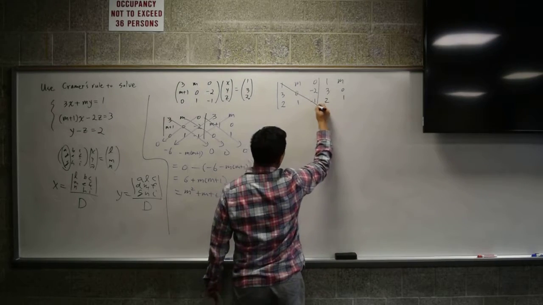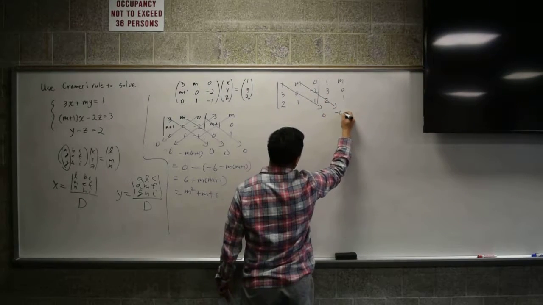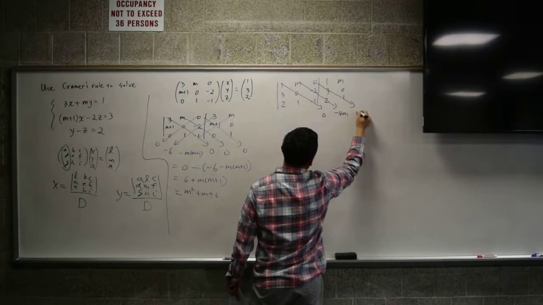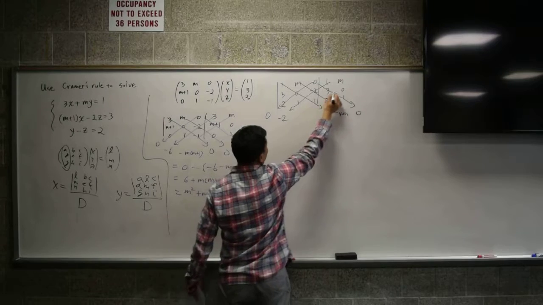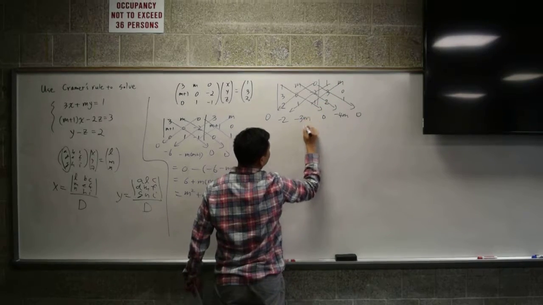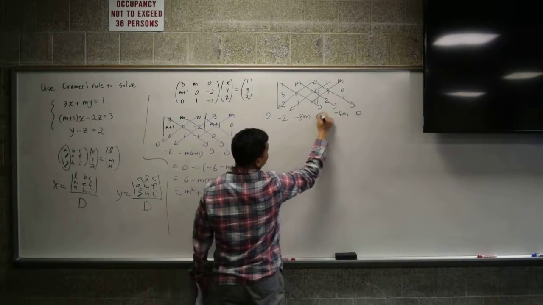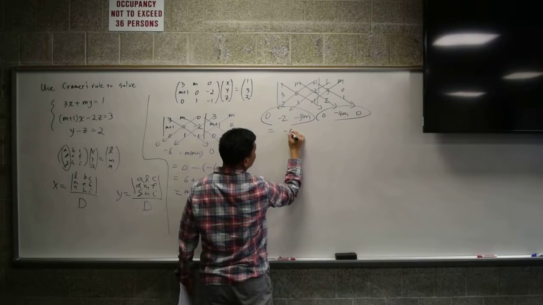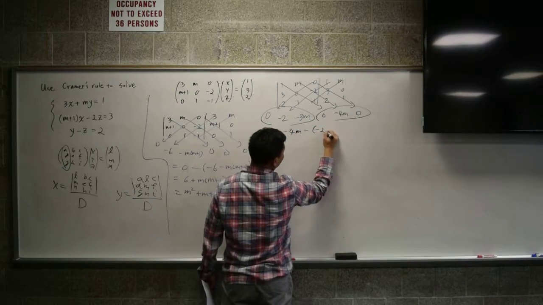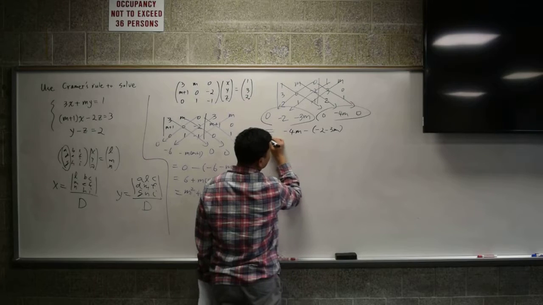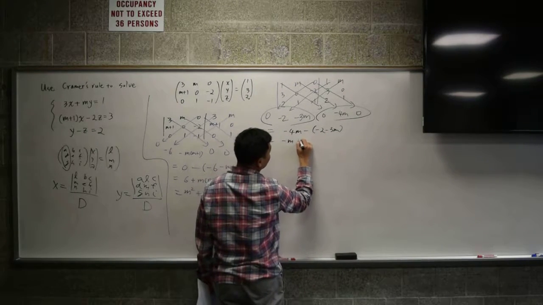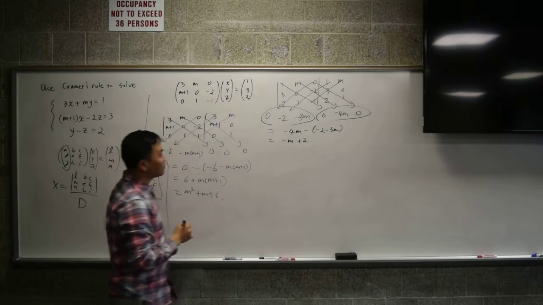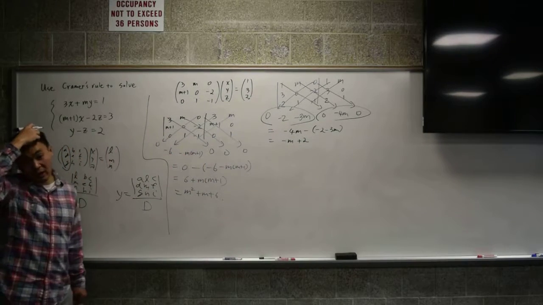And then do this: 0, negative 4m, and 0. 0, negative 2, negative 3m. And then you do right minus left, so it's negative 4m minus negative 2 minus 3m, which is positive 3m, so it's negative m plus 2. Okay? So we now have the numerator for x.